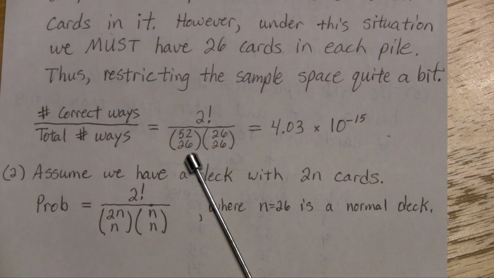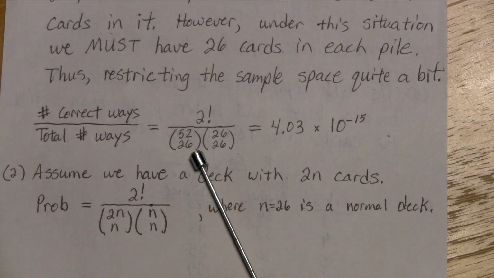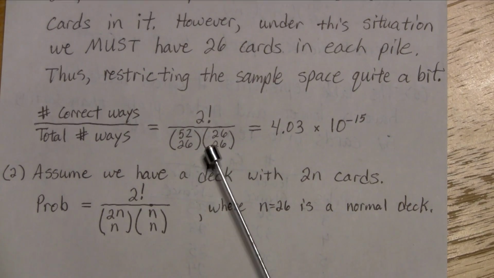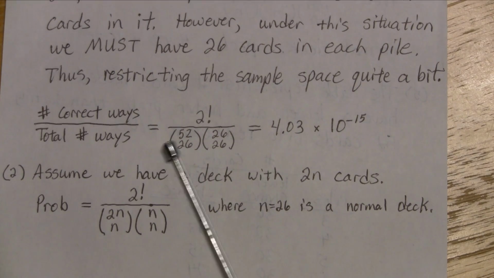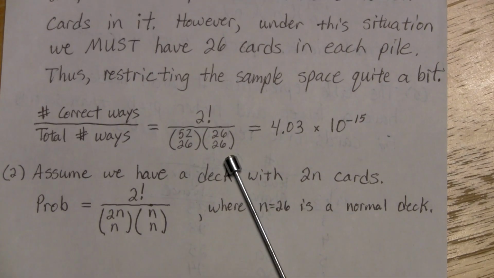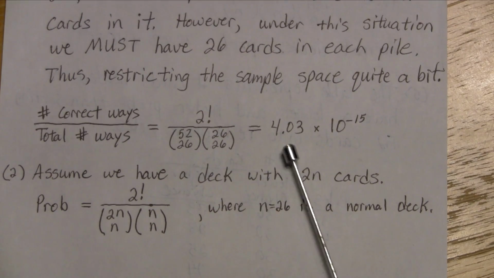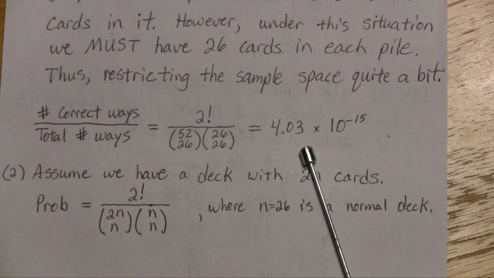But in the denominator, the total number of ways to have 26 cards in each pile is 52 choose 26. So that's a combinations calculation. And then times 26 choose 26, because once you choose the 26 cards, there are only 26 cards left and they go into that next pile. And it's a product. And so the answer is 4.03 times 10 to the minus 15th.